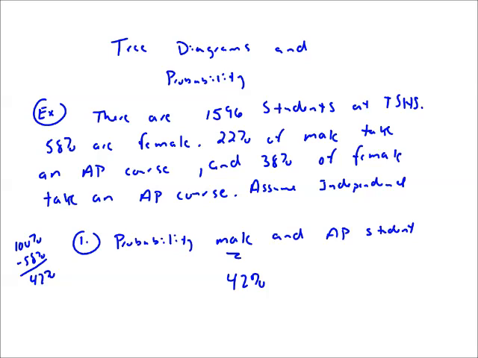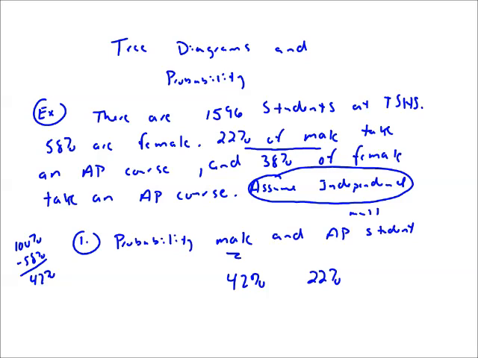AP student, 22% of males had taken an AP course, so we do that right there. We are going to assume independence. That means we can multiply. So 0.42 times 0.22, which is 0.0924.